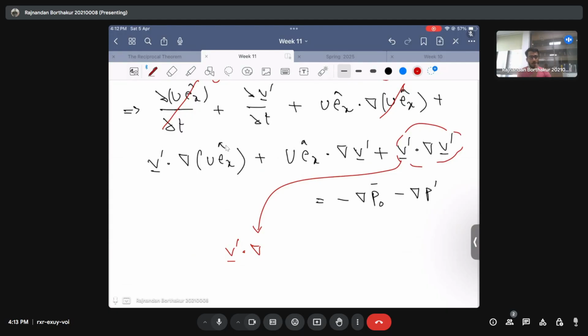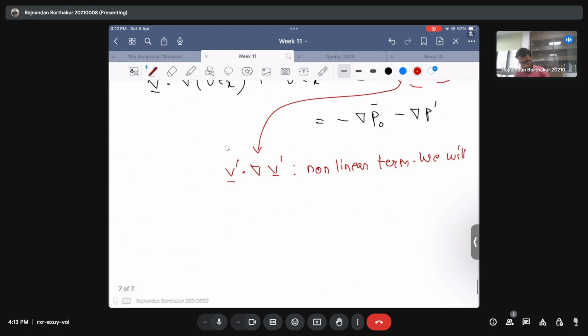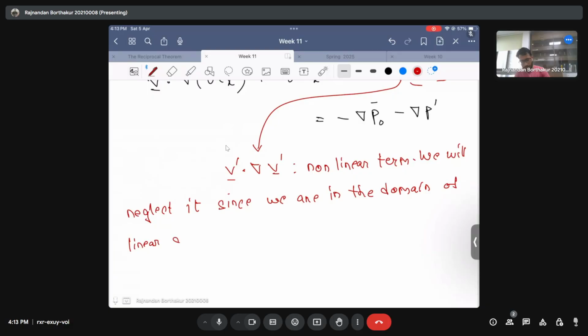And since v dash dot grad of v dash is a non-linear term, we will neglect it, since we are in the domain of linear stability analysis.